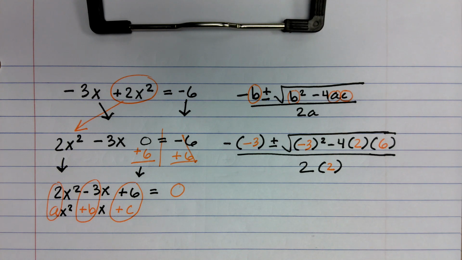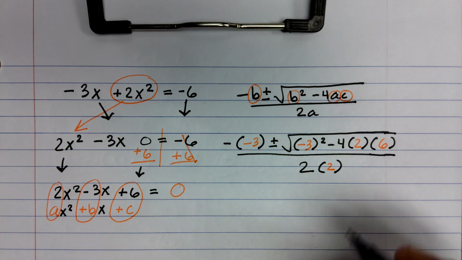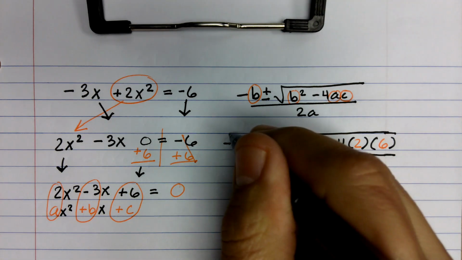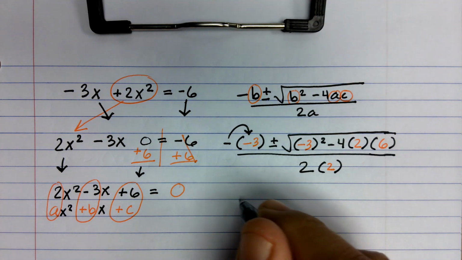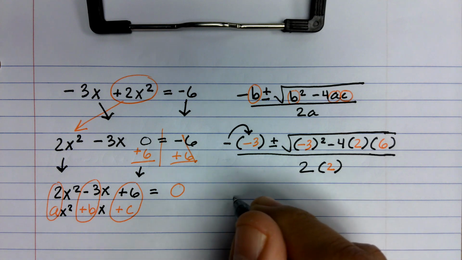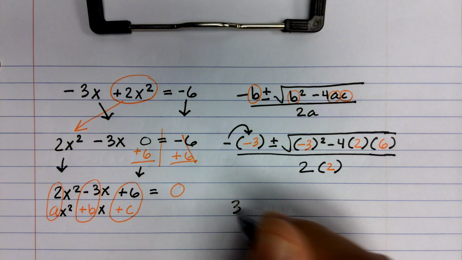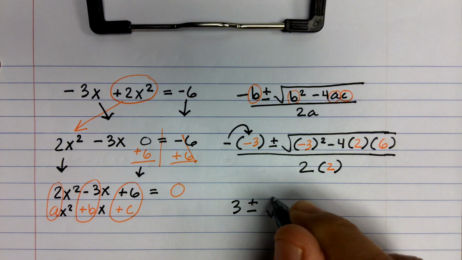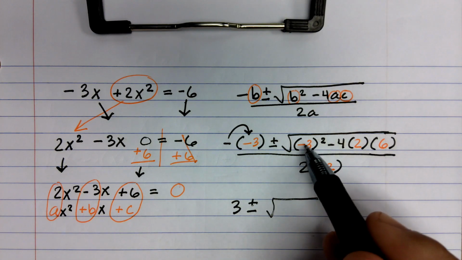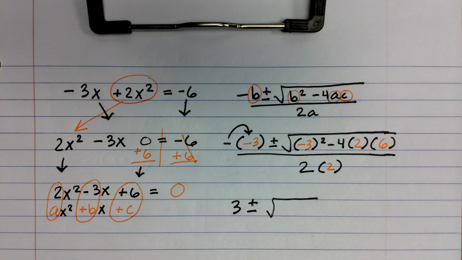So now we want to start working this out. I'm going to start by distributing this negative sign. A negative times a negative makes a positive. So in this one I'm going to move a little faster than the last one. That's going to become positive 3 plus or minus the square root of. And this one I'm going to put in the calculator.